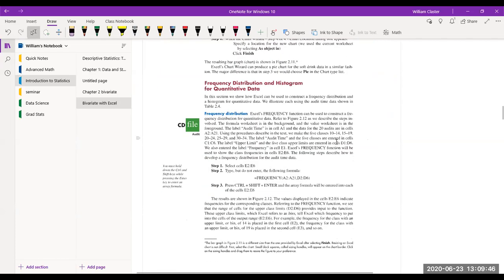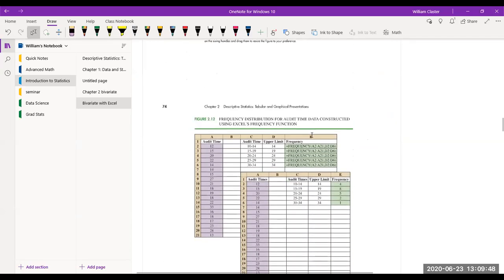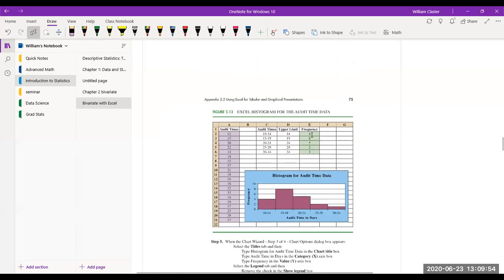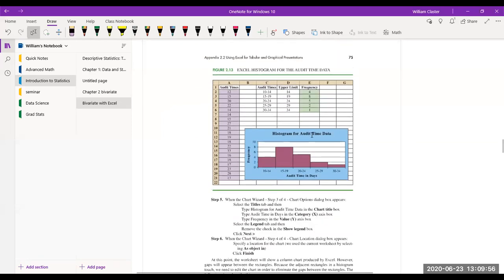Okay, let's take a look at, that's sort of the same thing. We looked at this data before. And this variable is called audit times.